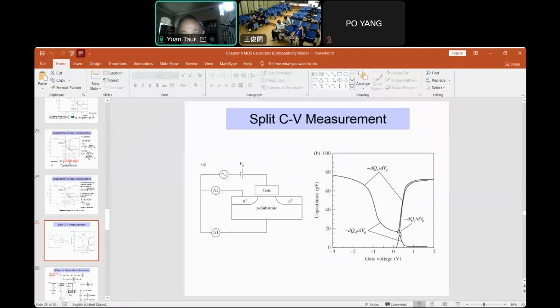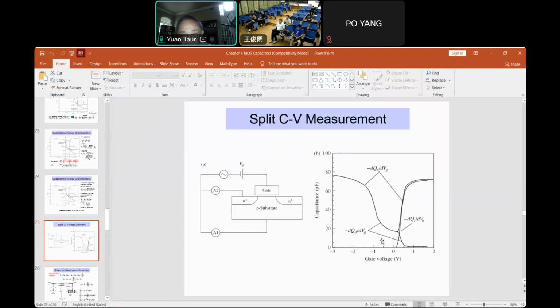But once you get to inversion, then the one measured by A2, which is this dQi over dVg, goes up. Before, there's no inversion charge, so there's no inversion charge response. But after the strong inversion condition, this goes up. At the same time, the depletion charge capacitance goes down to 0.